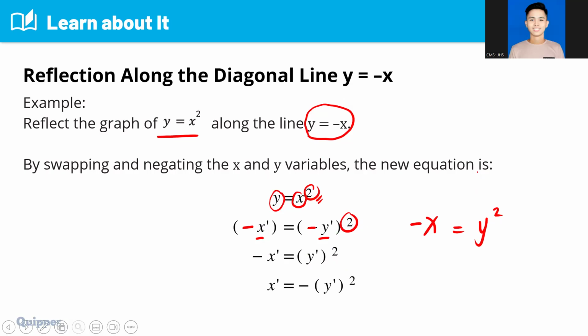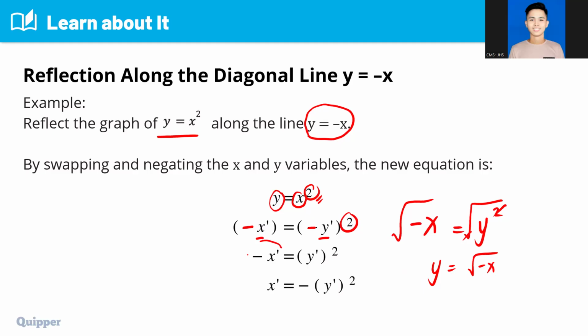It's either, sir, isn't it that we need to take square root of both sides? If we will take square root of both sides, take a look on this, we'll have y equals square root of negative x, which is undefined, or this is imaginary, right? In this case. So what we need to do, we can stay with x.